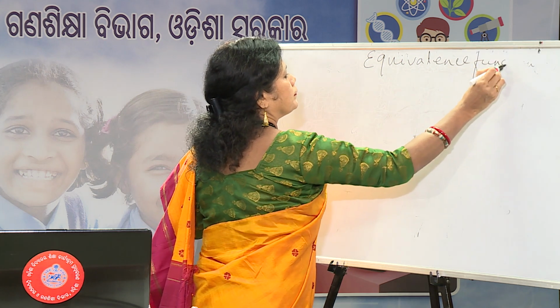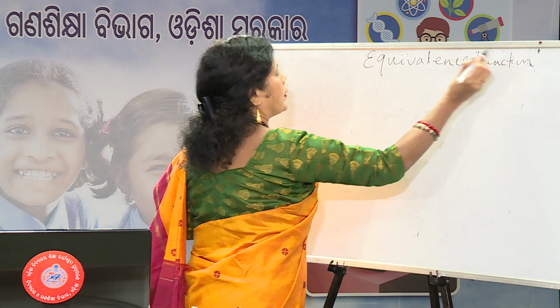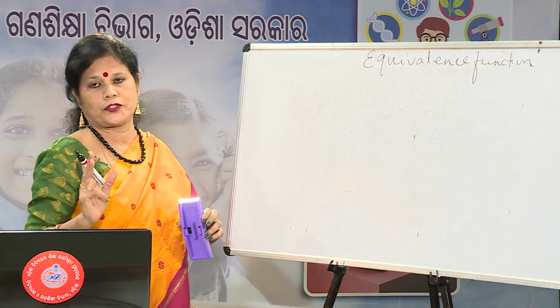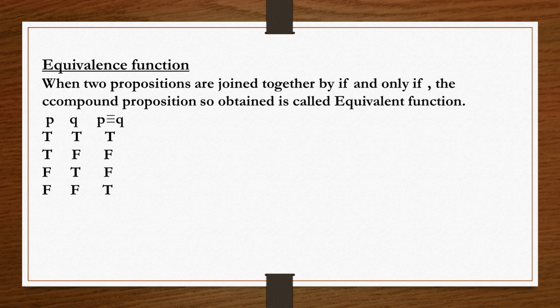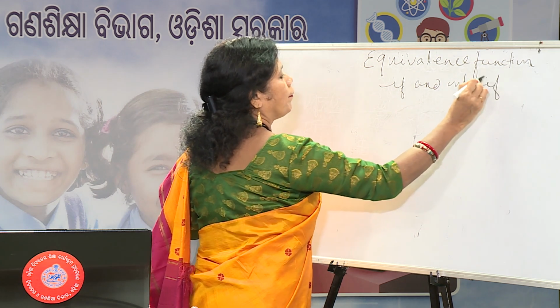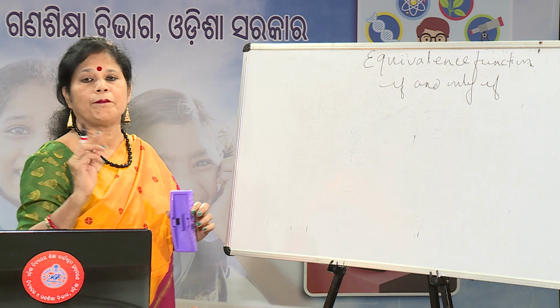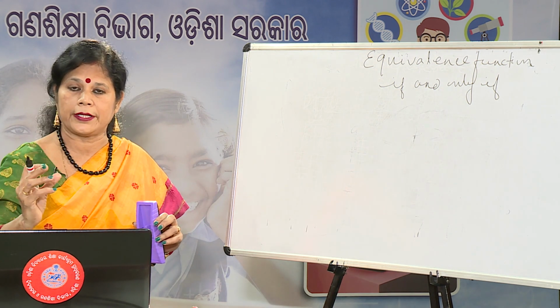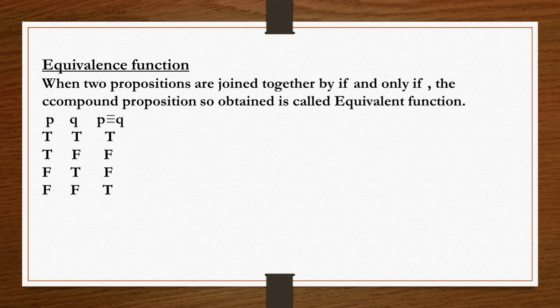If two propositions are joined together by the connective if and only if to form a compound proposition, the compound proposition so obtained is called the equivalent function of the component propositions.